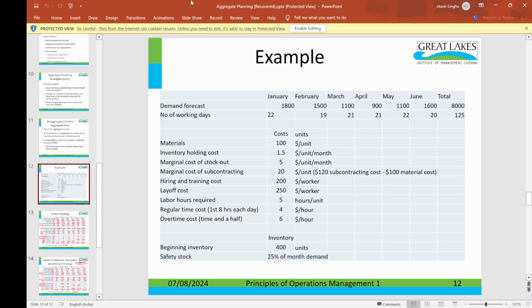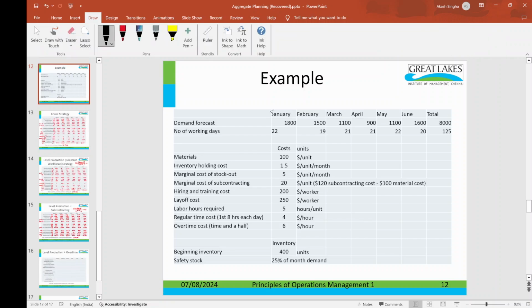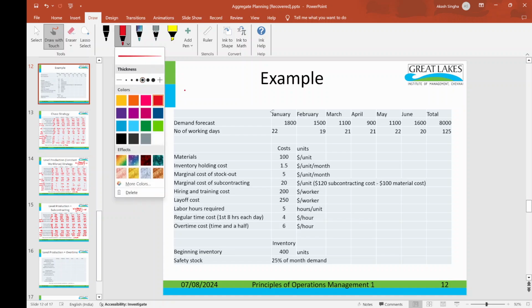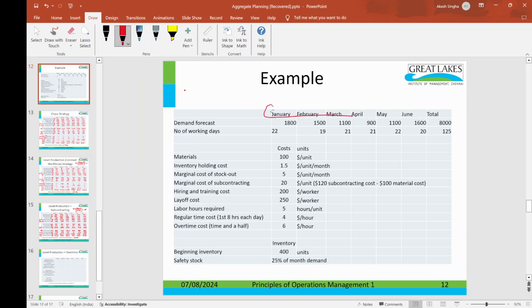So we know we have the demand for all the months, and number of working days, material cost per unit, inventory holding cost, marginal cost of stock out, marginal cost of subcontracting, hiring and training, layoff cost, labor hours required, regular time cost, first 8 hours each day, 4 hours, and overtime we are not doing, so not needed.